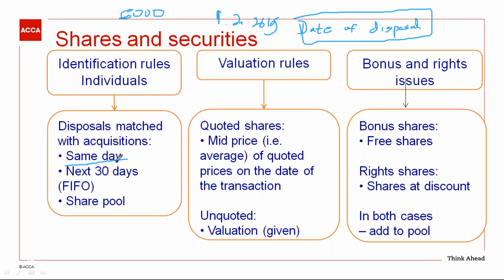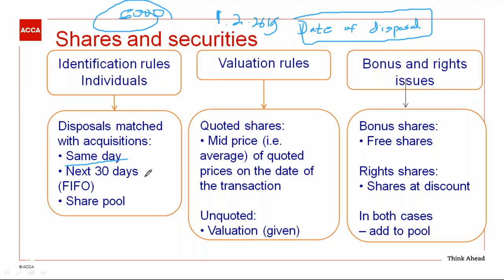If that is not enough to match these 5,000 shares, then we have to make a very impractical assumption, but still you have to make that assumption. That is, you have to assume you have sold shares that you intend to purchase within the next 30 days. It is not practical for you to sell something that you have not bought yet.